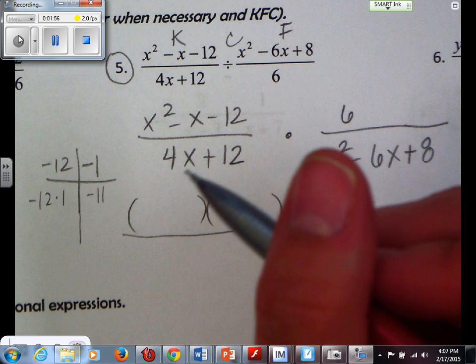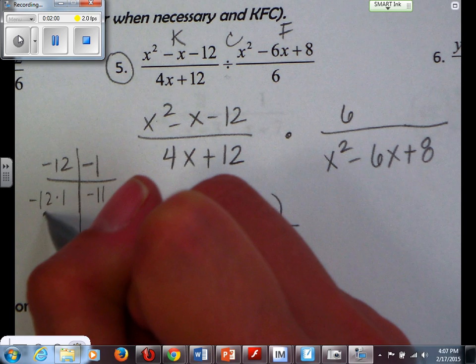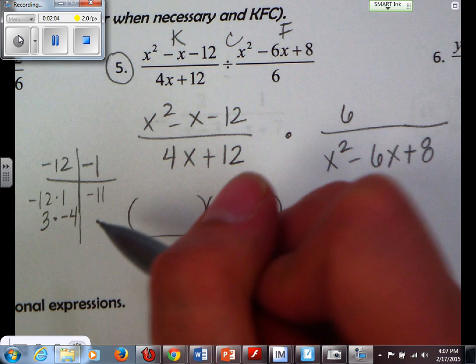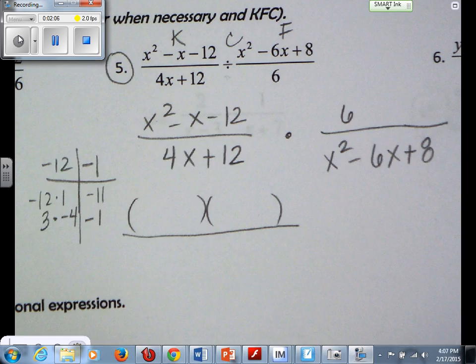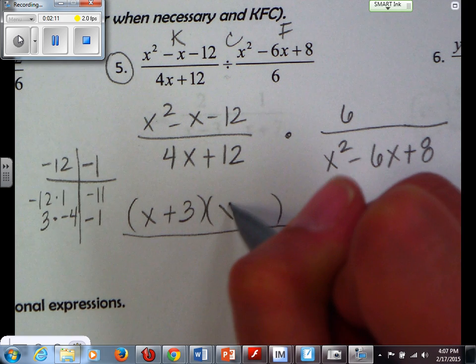Negative 1, yes. 3 and negative 4. So 3 times negative 4 gives you negative 12, and when you combine them, you end up getting negative 1. So your factors are going to be x plus 3 and x minus 4.